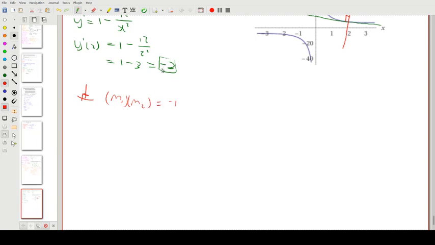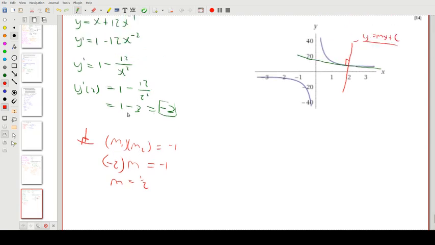So we have the gradient of one line, that is negative 2. So negative 2 times the gradient we want equals negative 1. So the gradient we want is negative 1 divided by negative 2, which is a half. Okay. There we go.